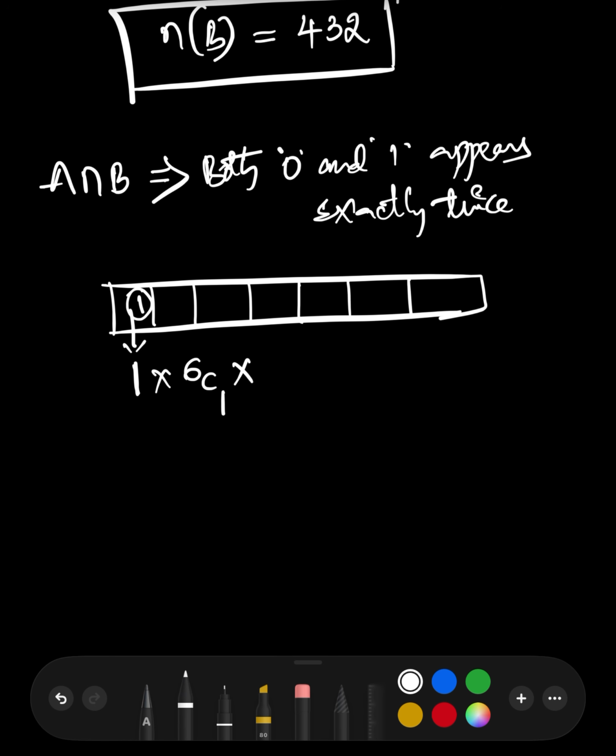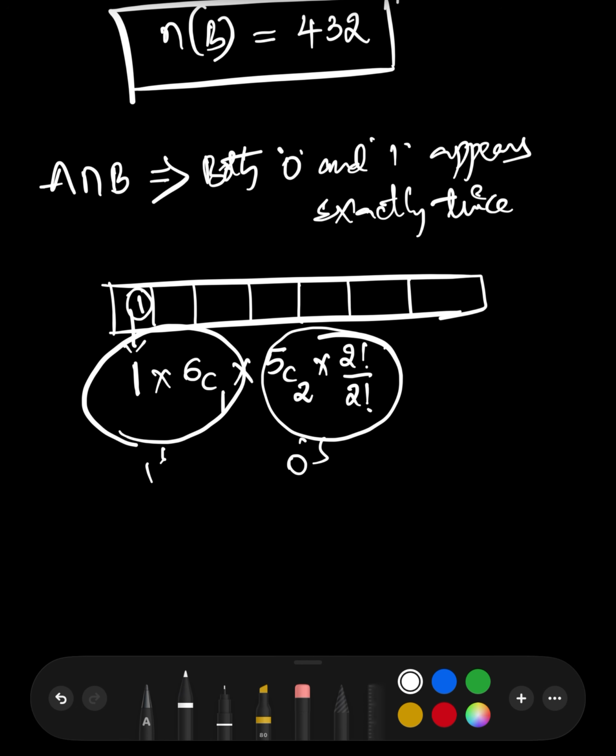So already 2 gaps over. Out of 5 blanks I have selected 2 to be filled with zeros, and this can be done in 2 factorial by 2 factorial because this is about zeros and this is about ones. No need to confuse, this is about ones. First one I have filled in the first blank. So another one can be filled in any of the remaining 6 blanks, that is 6C1.